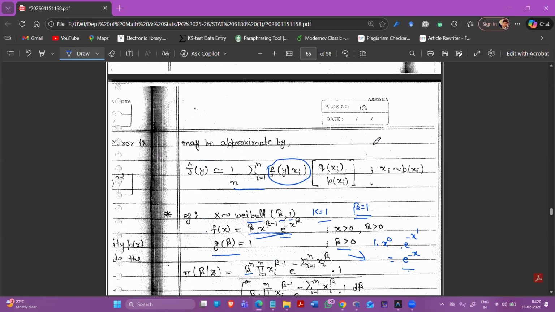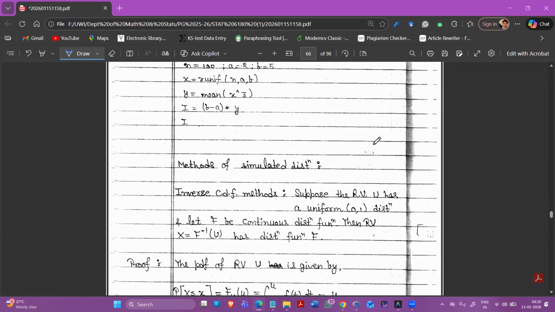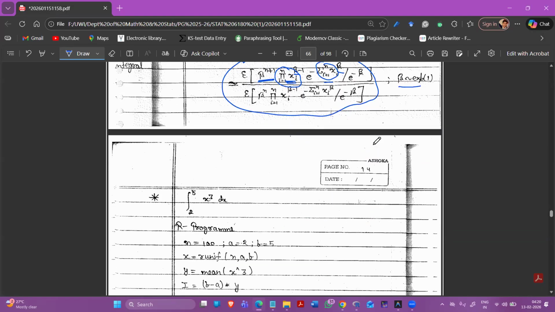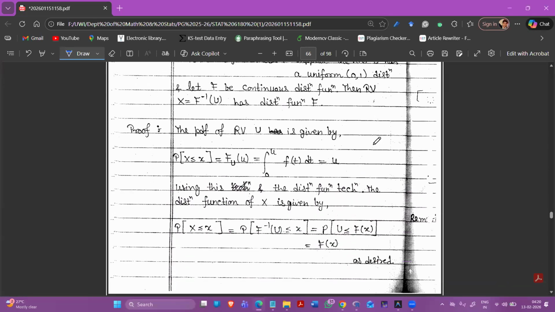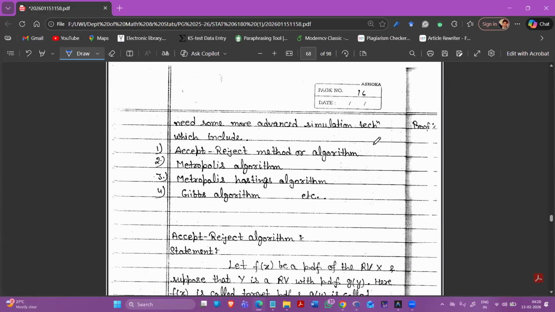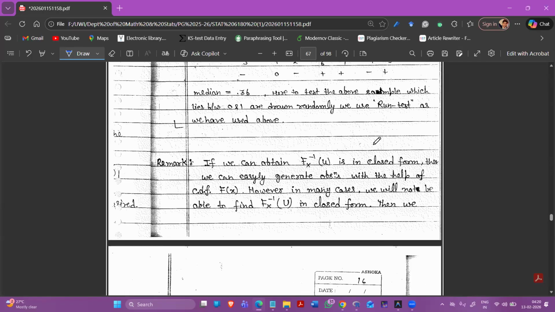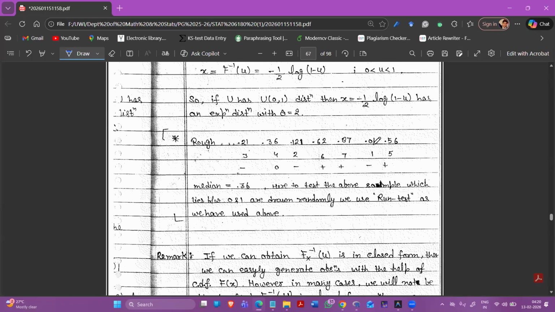All right. So this was your importance sampling method, and we already discussed the inverse CDF method. So now we will move to some other methods. For the inverse CDF method, we need the F inverse of U in closed form.